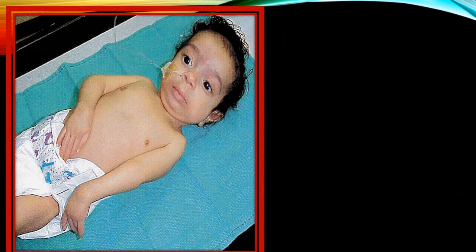This is a newborn, and there is an NG tube in his right nostril, but this is not the reason why I show you this picture. You can see here the difference in the posture of both upper limbs.